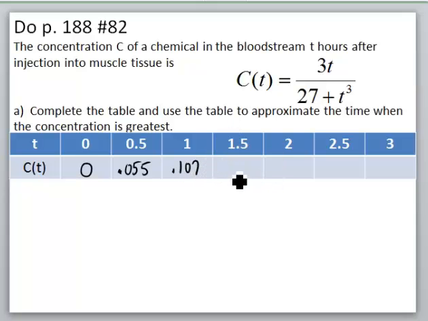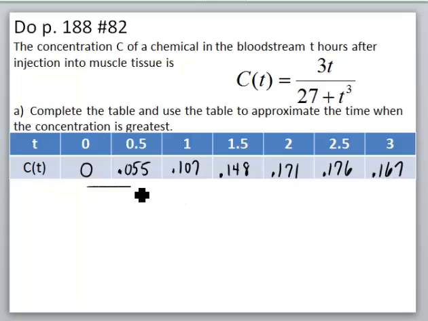I'll type in 1.5, I get 0.148. When I type in 2, 0.171. When I type in 2.5, 0.176. And then at 3, I get 0.167.